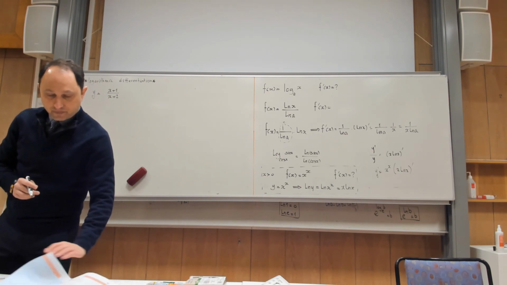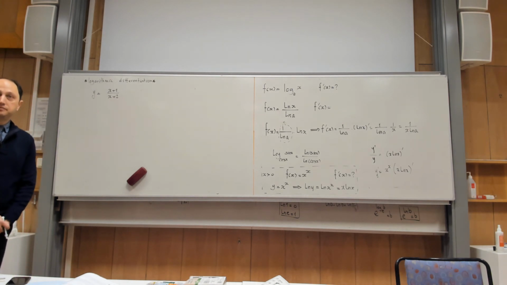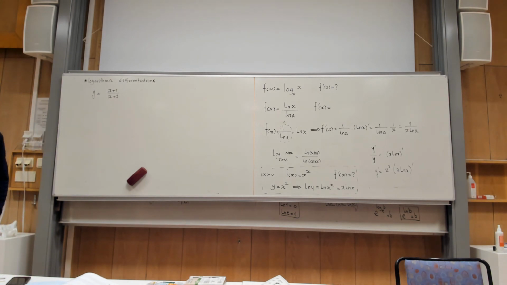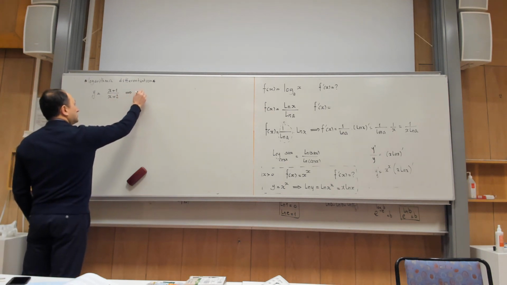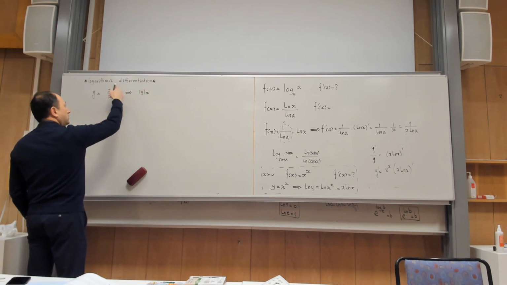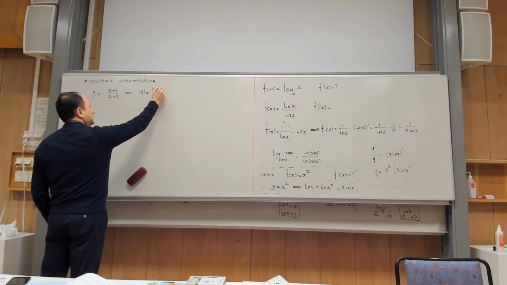Okay, can you tell me what can I do here? The first thing we do, we take absolute value, but absolute value of a fraction is absolute value of its numerator divided by absolute value of its denominator.